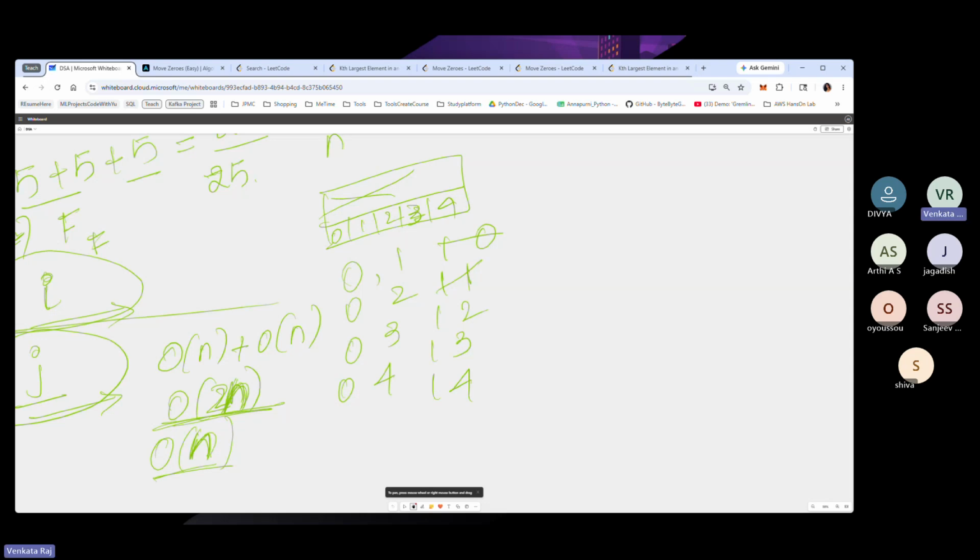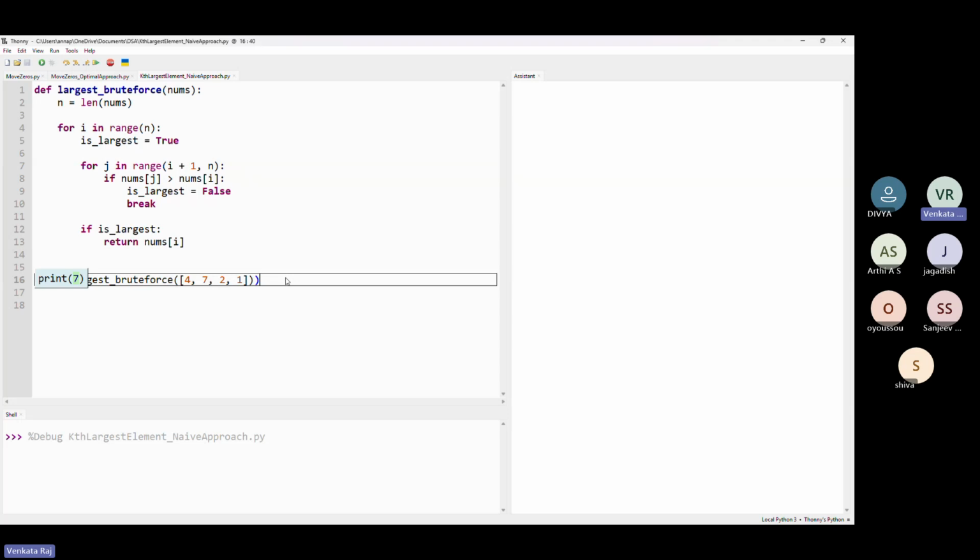Okay, so what we saw is the first largest element in an array. Now let's go to the optimal approach.